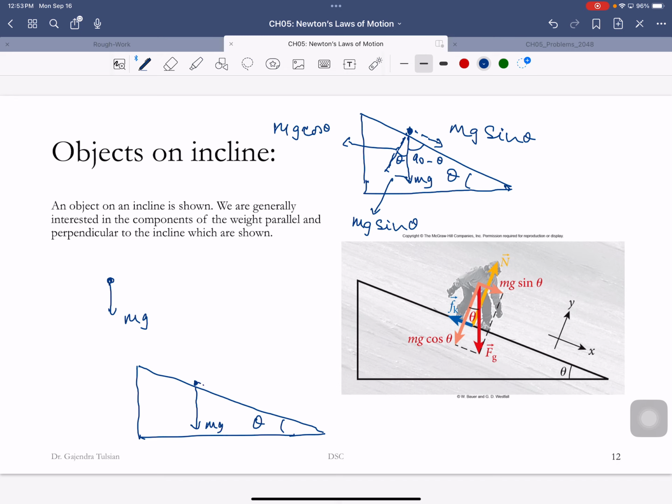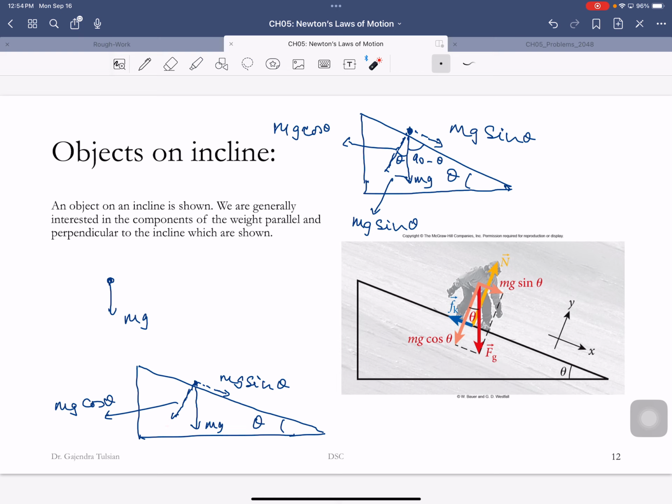And all we have done on this slide is take the component of the gravitational force in two directions that are more useful. So this is mg sine theta, and this is mg cosine theta. So all we've done is broken this up into these two components.